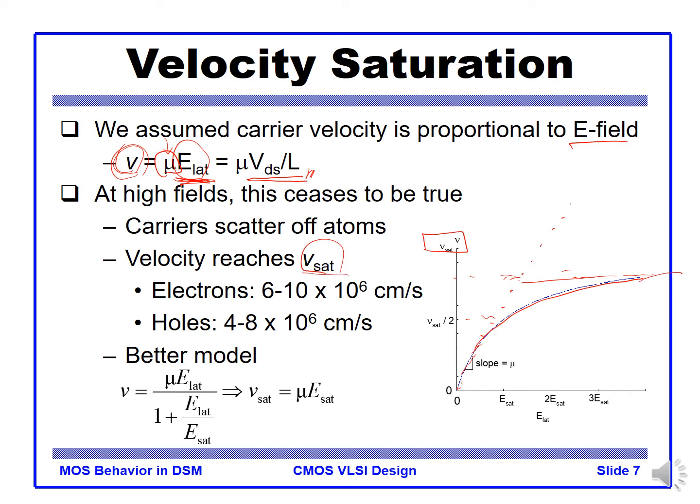For electrons, it is about 10 to the power of 7 centimeters per second, and for holes, a little lower velocity, similar but not quite the same, about 4 to 8 times 10 to the power of 6. That is the velocity saturation speed.